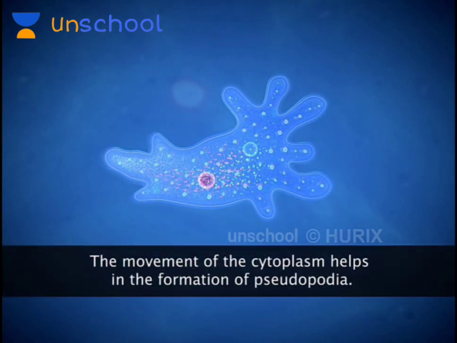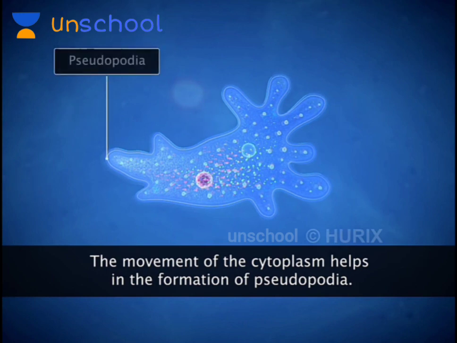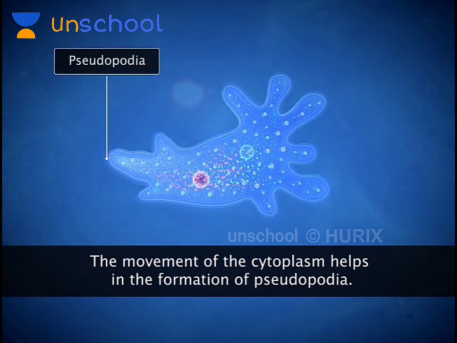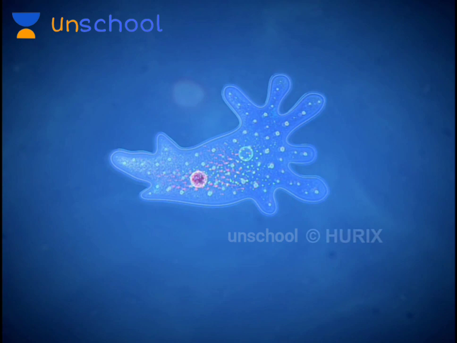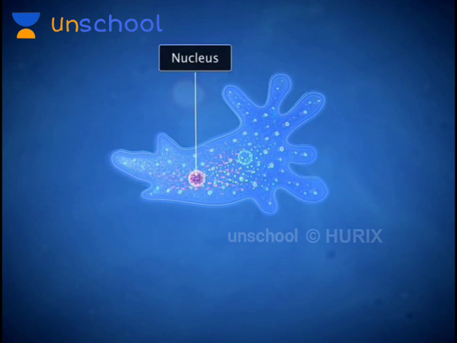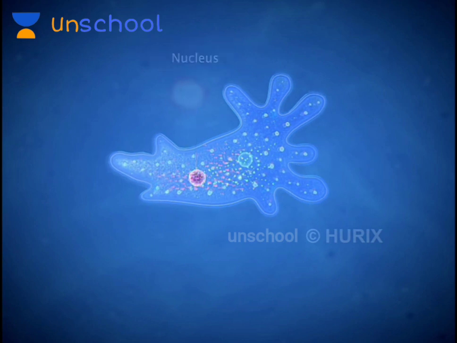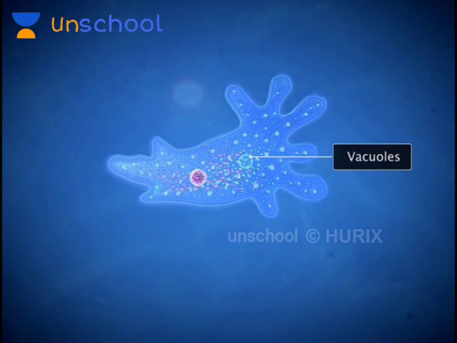The movement of the cytoplasm helps in the formation of pseudopodia. The cytoplasm contains a thick, rounded nucleus and tiny, bubble-like structures called vacuoles.